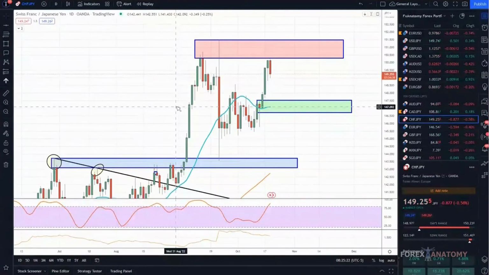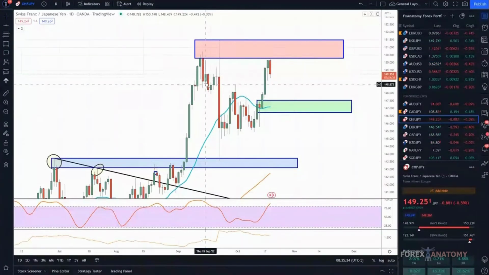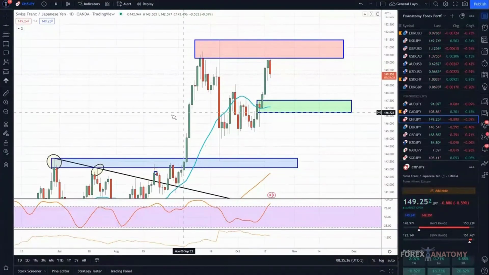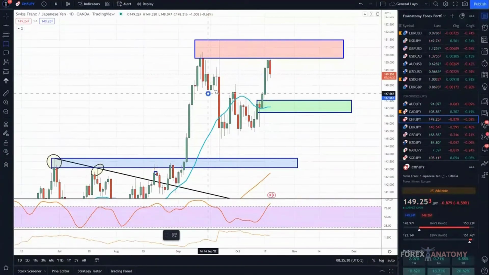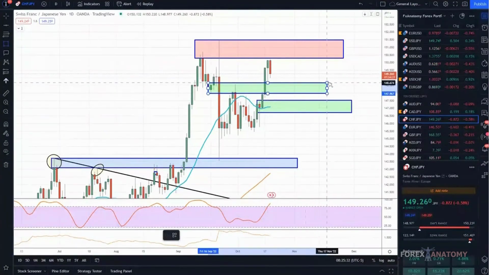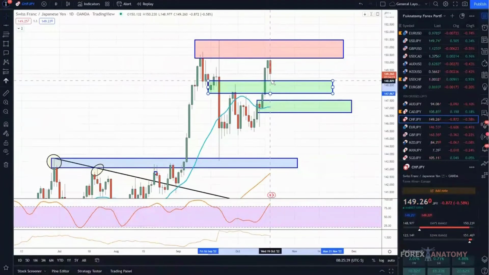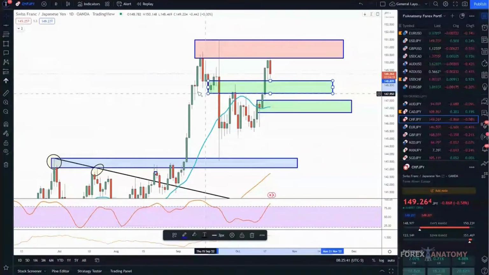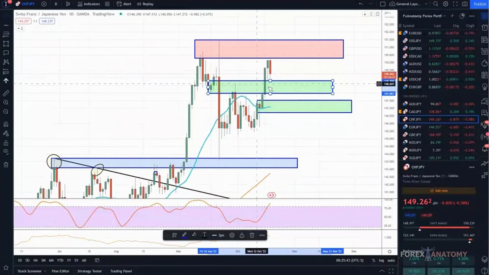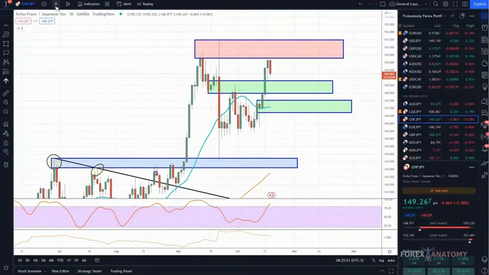So yeah, this is going to be interesting because this is something that I see right here. This zone right there could act as an area of support. Yep, it can act as an area of support.